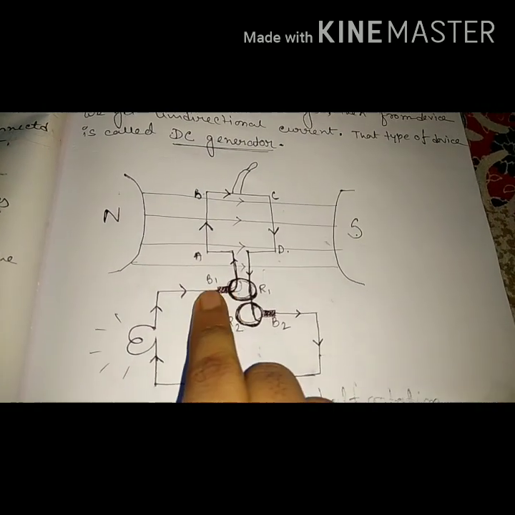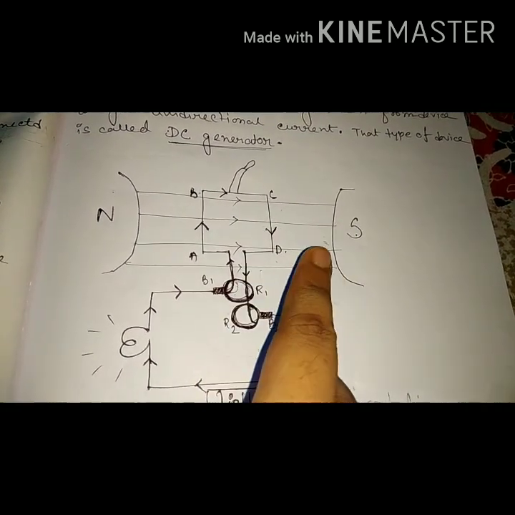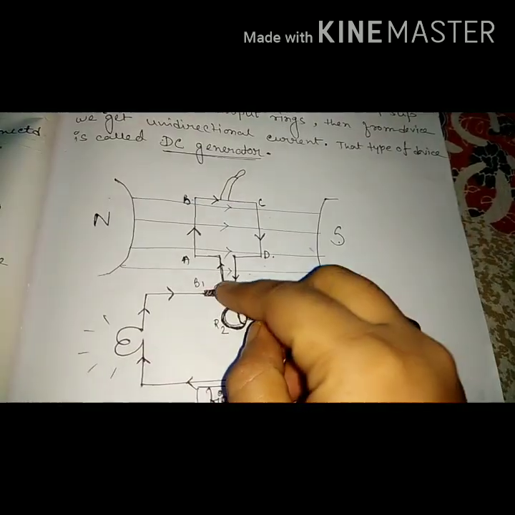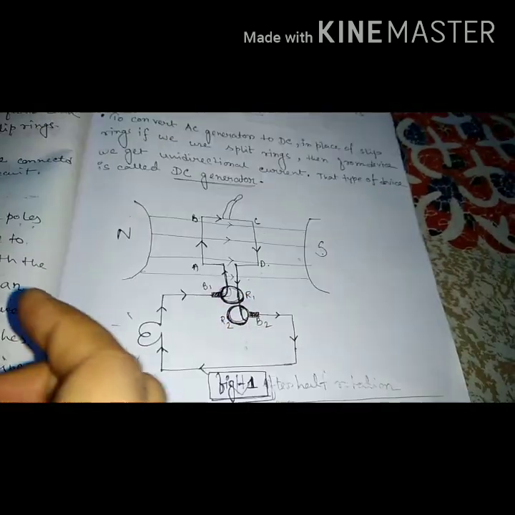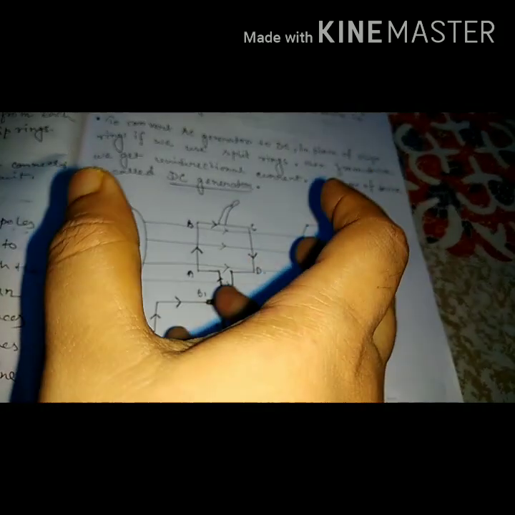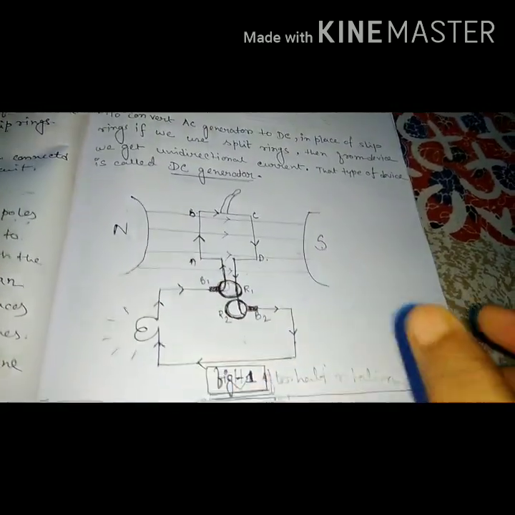But here B1 and R1 stay attached, this is a circle, and when the armature moves, that circle also moves, but the brushes continue to stay still here.